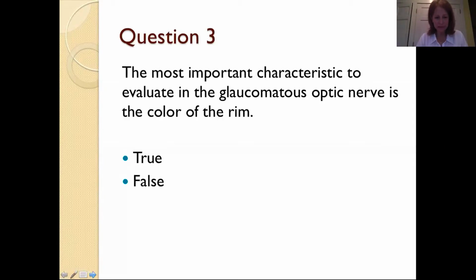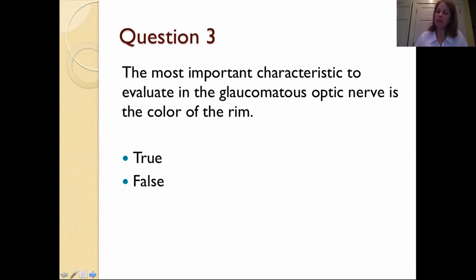Very good. The most important characteristic to evaluate in the glaucomatous optic nerve is the color of the rim. True or false? Very good, yes.